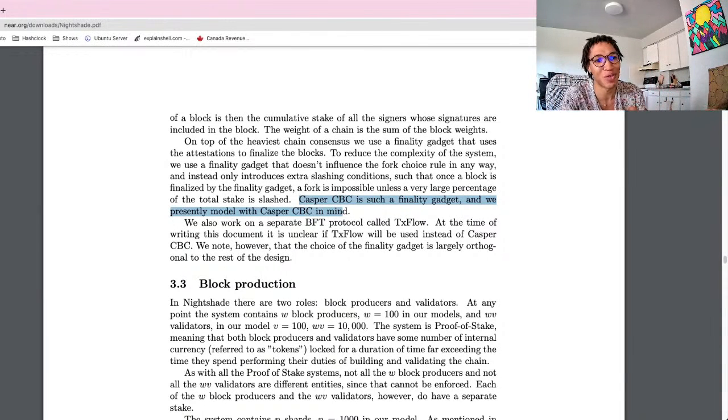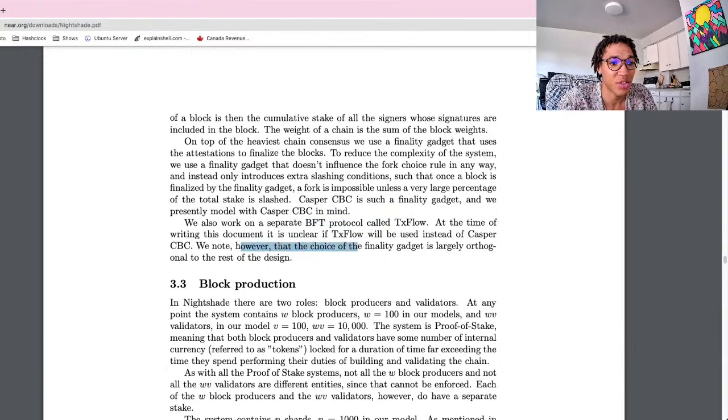Oh, well, now I have to read Casper CBC because I've only read Casper FFG. And now I'm like, oh, so this is a different spin-off of the route that Ethereum took. Interesting. We also work on a separate BFT protocol called TxFlow. At the time of writing this document, it is unclear if TxFlow will be used instead of Casper CBC.